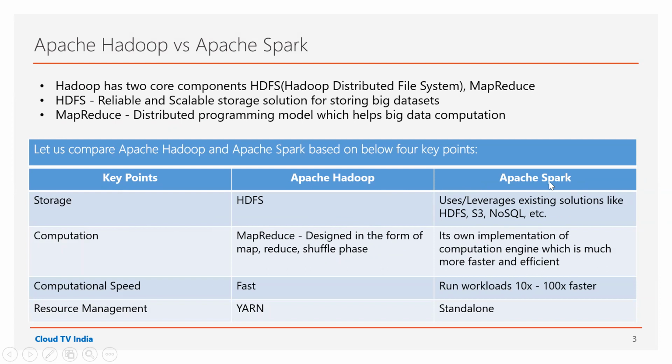Spark does not have any storage layer, so it makes use of Hadoop storage or any other distributed storage, even local storage. For computation, Hadoop has the MapReduce computation engine.